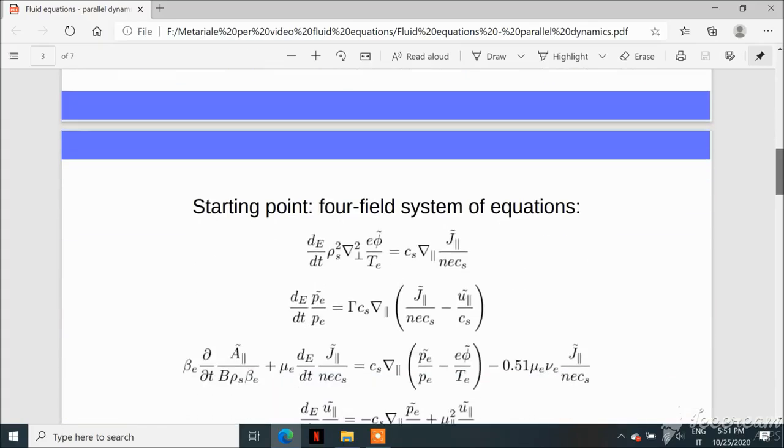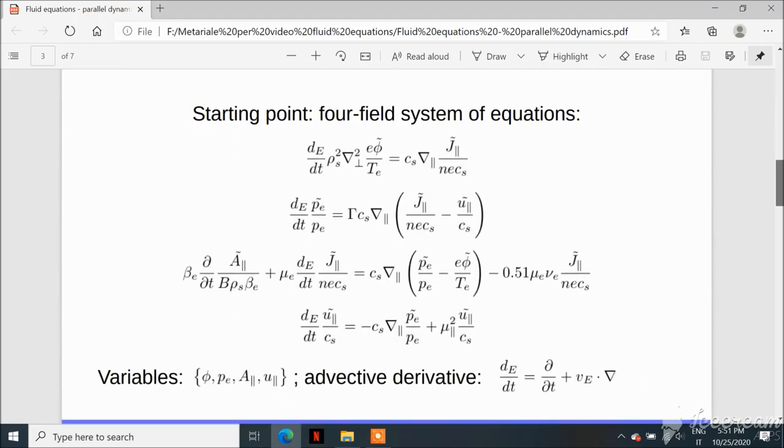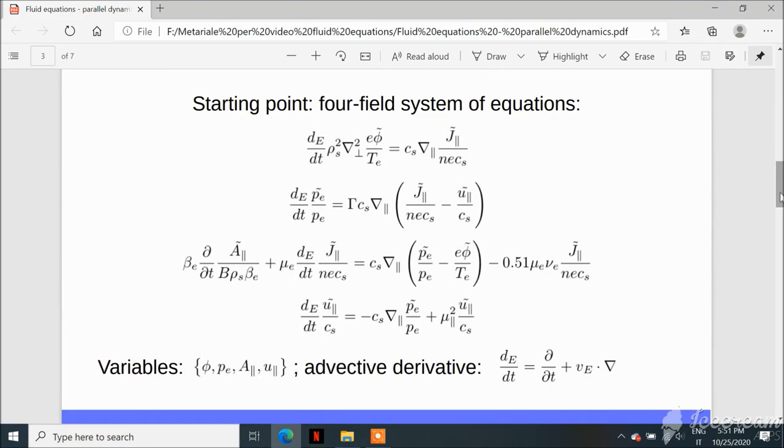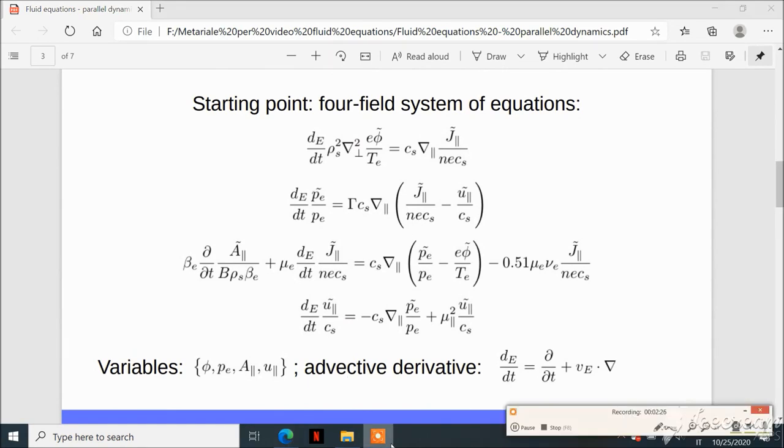And so now that we have given some fundamental elements to understand the dynamics, we can move to the initial system of equations which we will consider, and then later I will simplify this system to deduce some results. So this is the four-field system of equations, which is a very successful model to describe the plasma dynamics, and many authors have used it to study different kinds of dynamics, and I have used it too in some works.